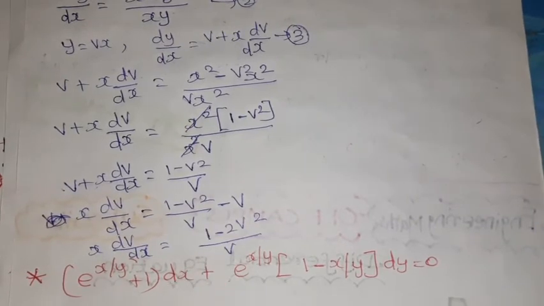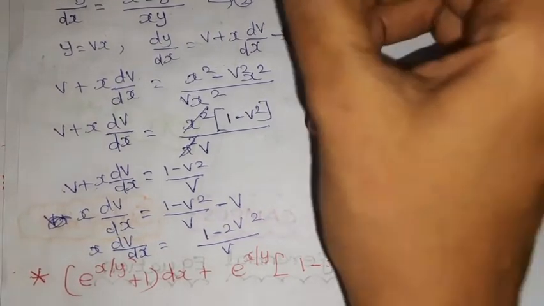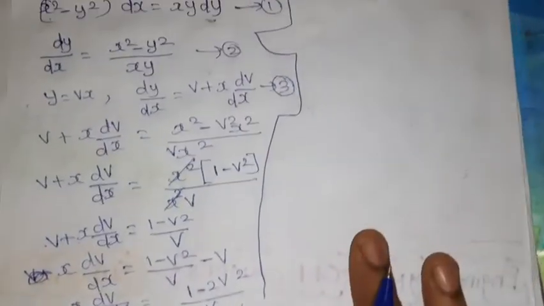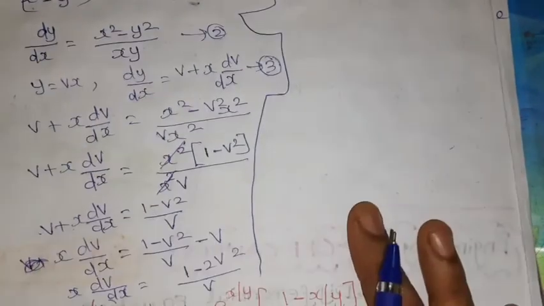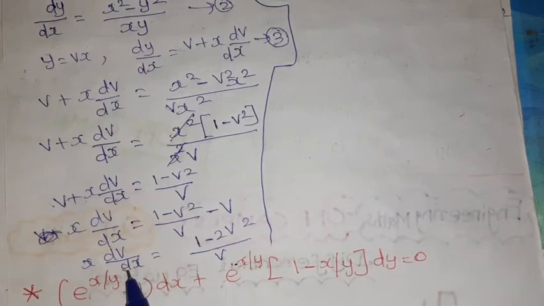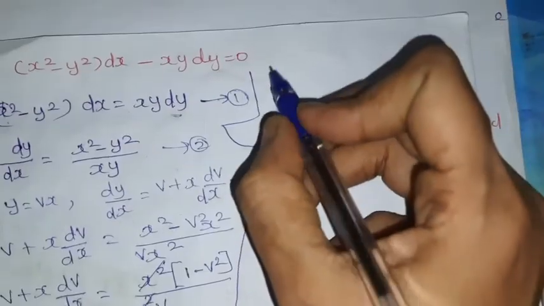So now we are going to separate the variables, x on one side and v on the other side. This is the second step. Separating the variables gives v divided by 1 minus 2v squared into dv equals dx by x.